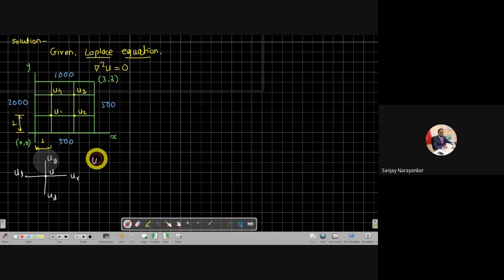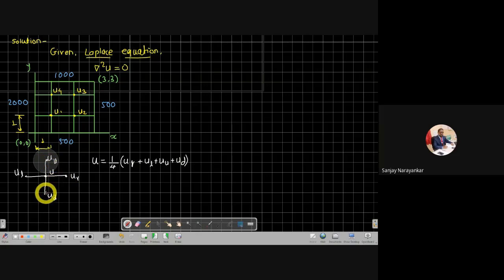Can you tell me the formula for u? Yes, one upon 4 into the bracket of u right plus u left plus u up plus u down. So you have to take a simple summation of all these terms.